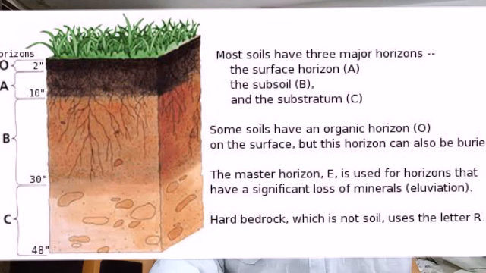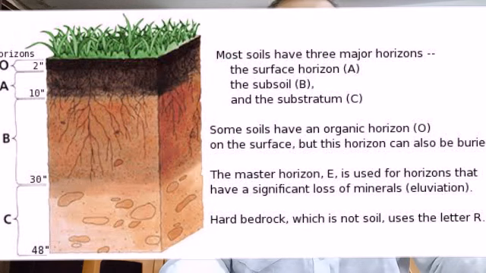If construction work of a building is going on, you will see the different layers of soil. So in different conditions, you are able to see the different layers of soil, and this is called soil profile. The several layers are called the horizons. So let's discuss one by one.